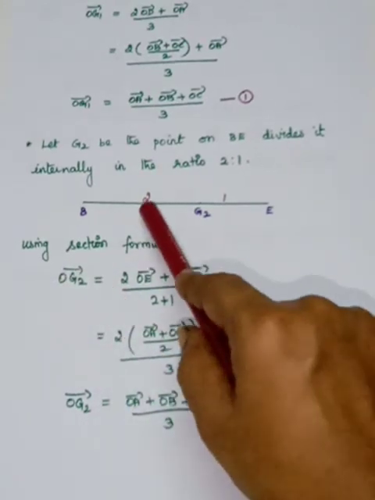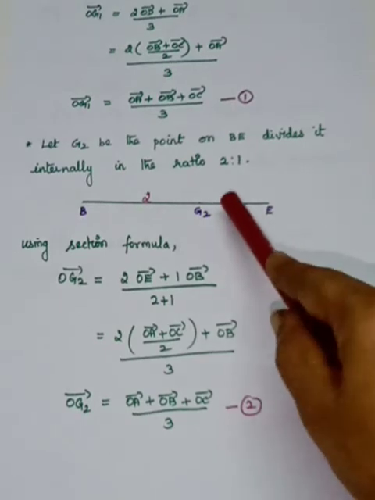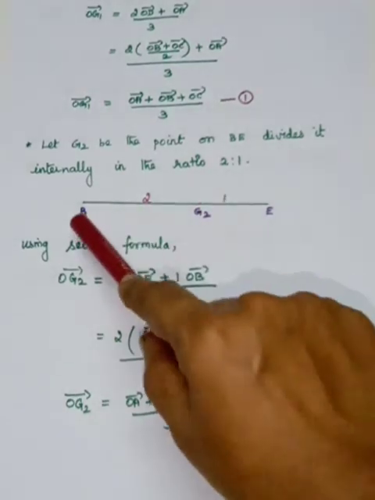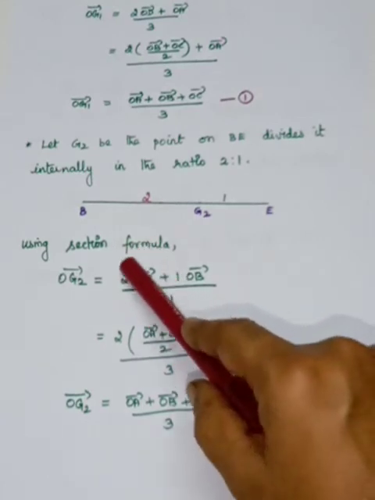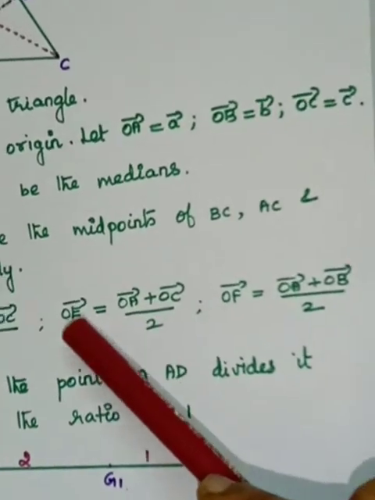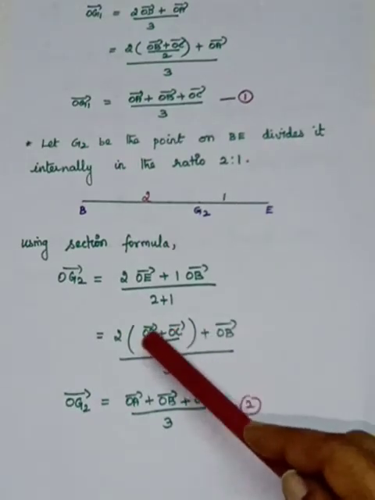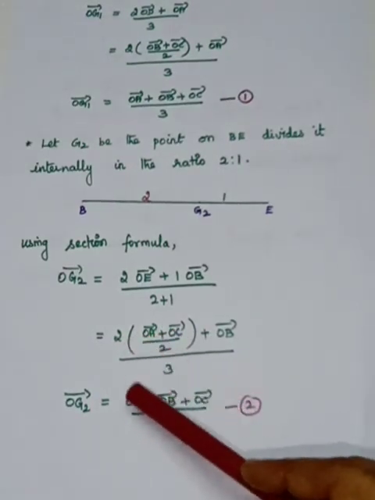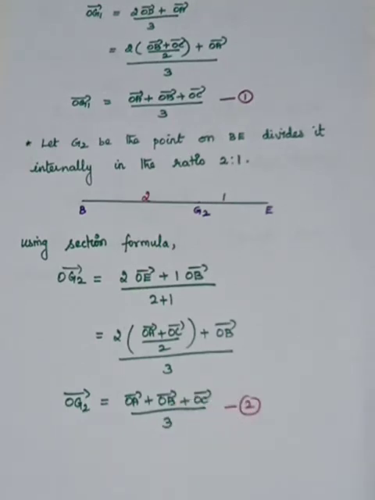How will it be written? Take this ratio: 2 into OE vector plus 1 into OB vector divided by 2 plus 1. Here we have already found the OE vector. So what is the OE vector? E is the midpoint, so OE vector is OA vector plus OC vector by 2. So when you substitute, this 2 and this 2 get cancelled. So OA vector plus OB vector plus OC vector by 3.